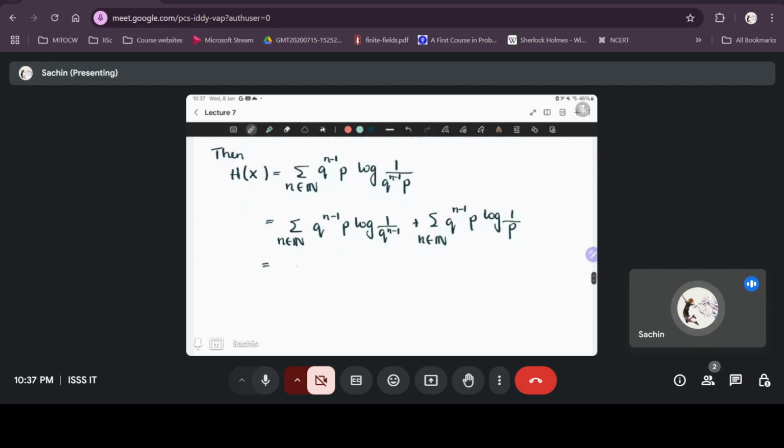Summation is over n, so you can take the p outside and write it as q power n. Also, you can write q power n minus 1 as q power n over q, and 1 over q can be taken outside the summation, and this can be written as p over q times summation over all natural numbers q power n log of 1 over q power n.